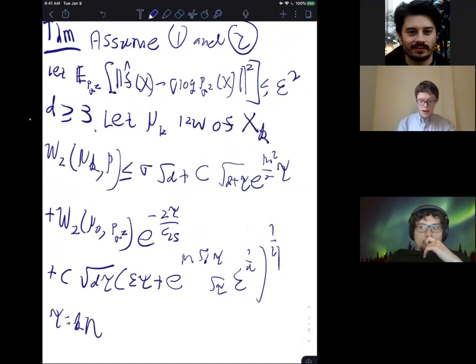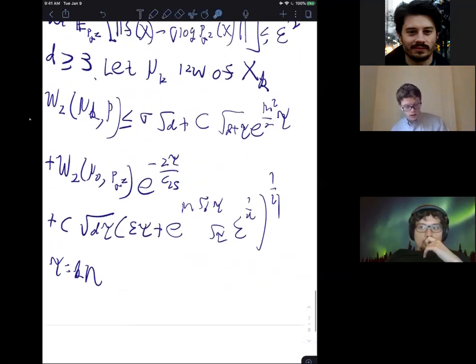If we run τ for a large time, then these terms are going up exponentially, but this term is going down exponentially. So maybe there's a sweet spot that is exactly the amount of time that we should run this Langevin diffusion. I'm going to get to that when we talk about homotopy annealing near the end of the talk, but let's just keep that in mind.